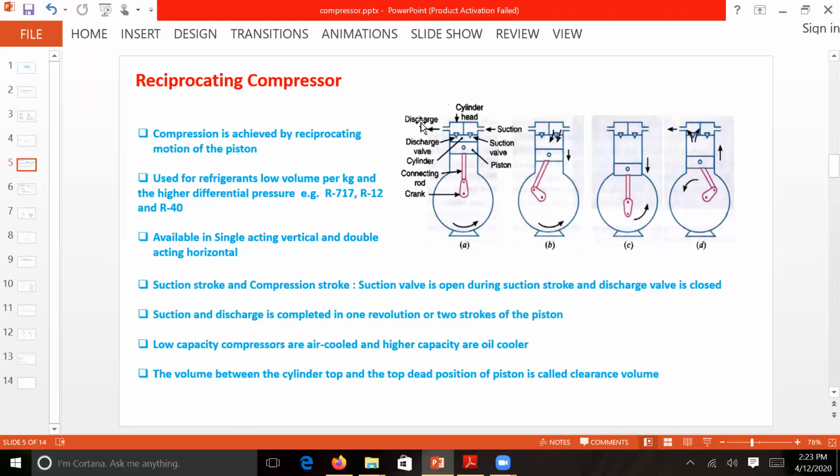This is single acting vertical, and double acting will be rotated to the horizontal direction, and it will have suction and compression. If suction is happening on one side, compression will be happening on the other side. The cylinder will be like this, with your piston in the middle. This is called double acting.